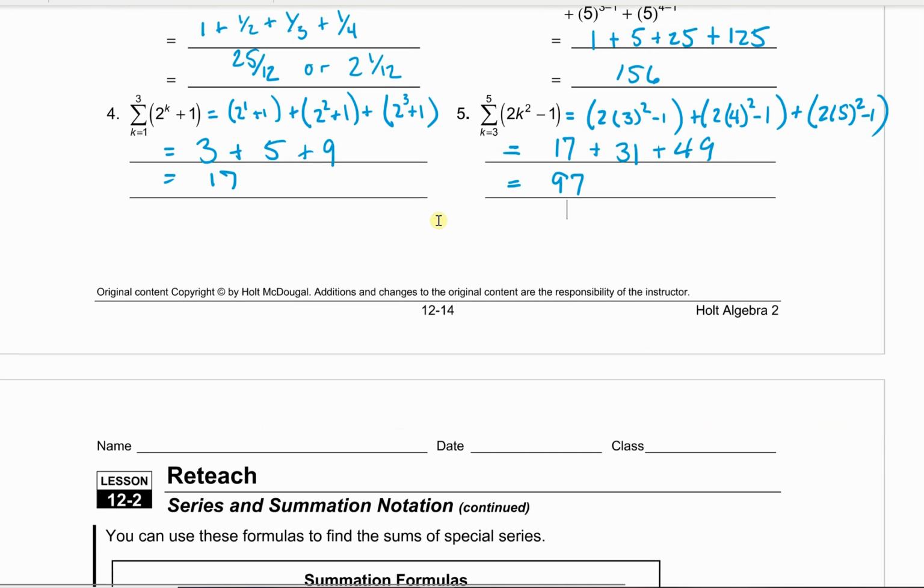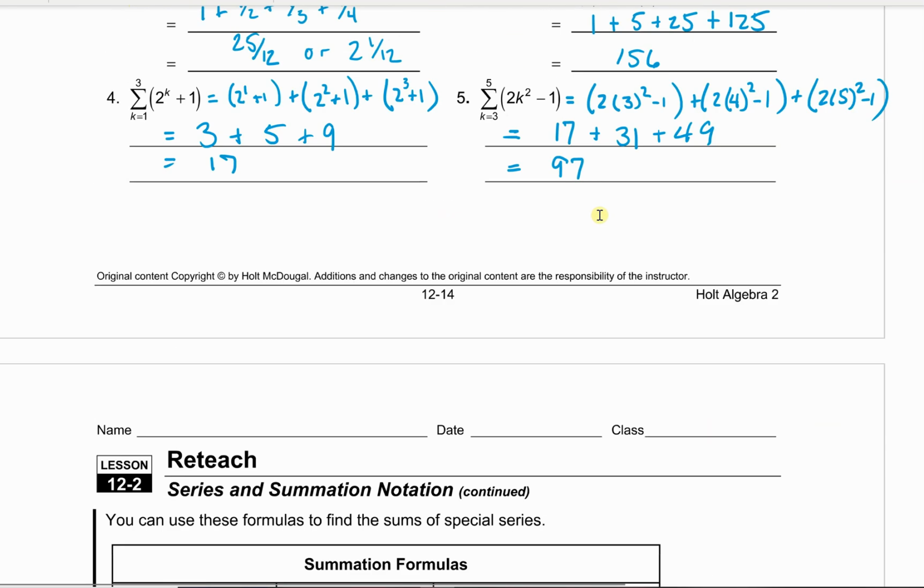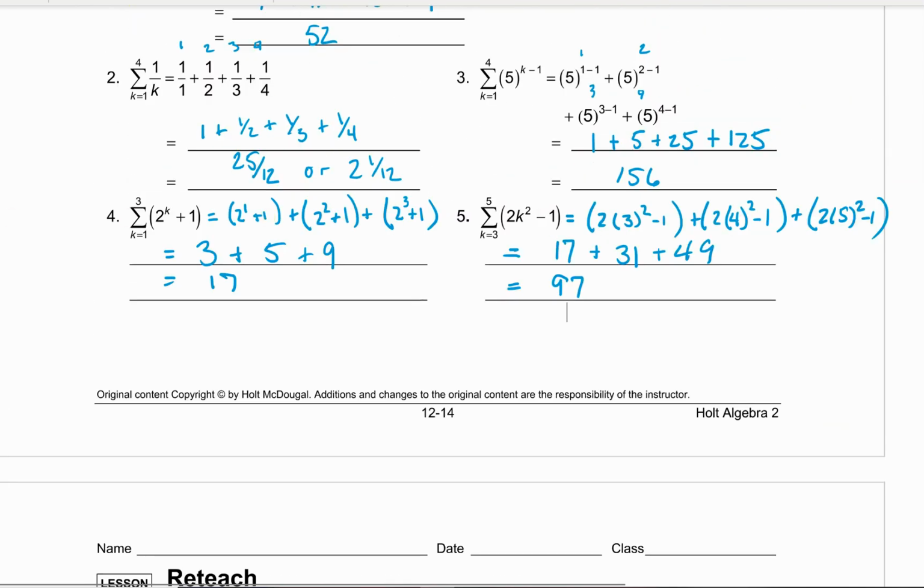You could also do this on your calculator, and I will show you how in class, but I could talk you through it right now. Just go to the math menu and option 10 under the math menu.